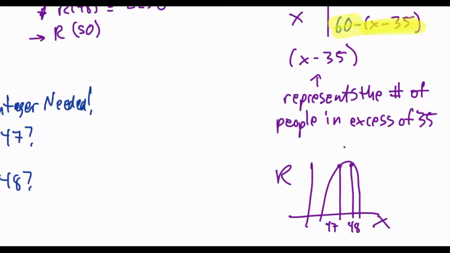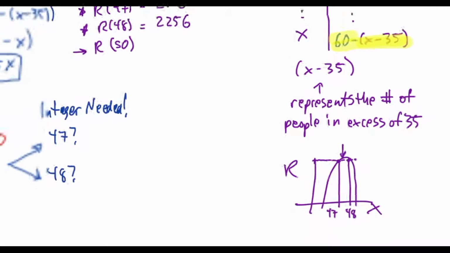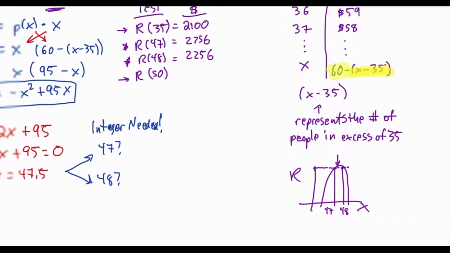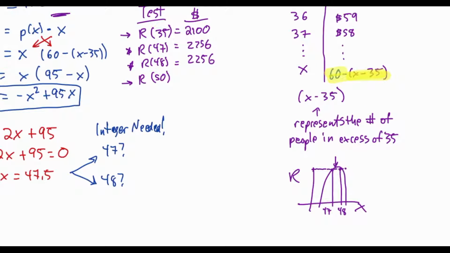In order to get the actual maximum, I need 47.5 people, and that's not possible. So that's why these are tying for maximum revenue. They're symmetrical about the line of symmetry. I'm just using what I already know about how these situations work to describe what's happening.